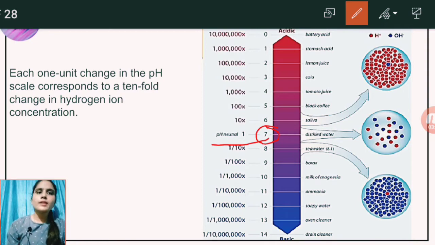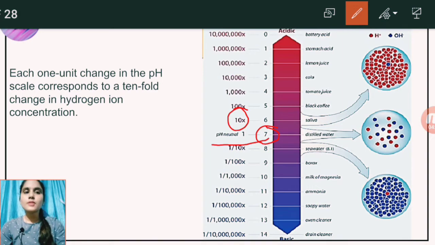Now, for example, you add a 10 times acidic solution to this solution of pH 7. If you are adding 10 times extra acid to the solution, then it is going to decrease the pH by 1 unit.